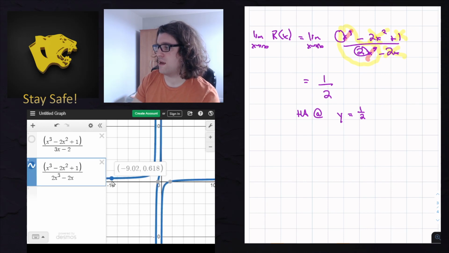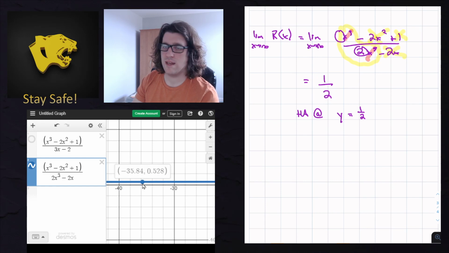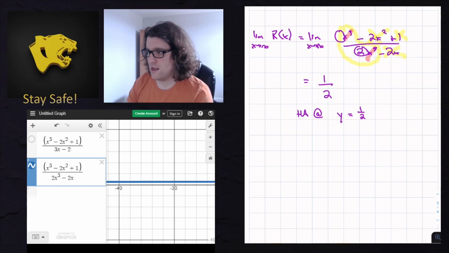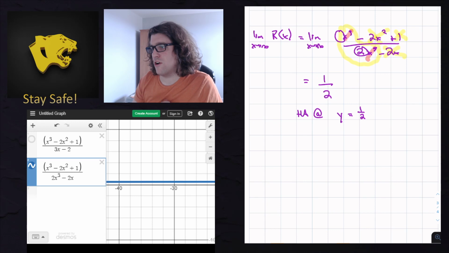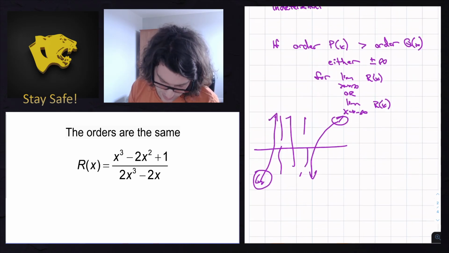So as I said, if we put in the limit as you approach negative infinity and you go this way, it would be getting closer and closer to 0.5. So that is our general, I guess, rule then, kind of like we had up here.